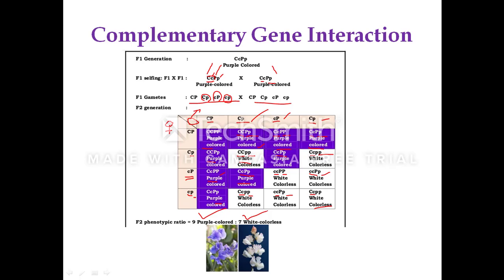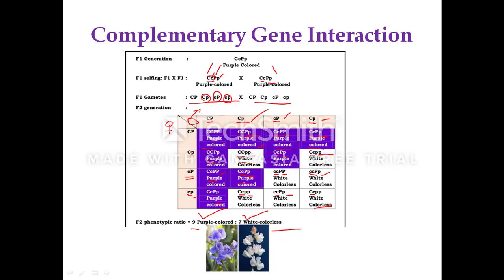When F1 plants were self-pollinated, the F2 generation consisted of purple flowered and white flowered plants in a ratio of 9:7. That means 9 are purple flowered and 7 are white flowered.